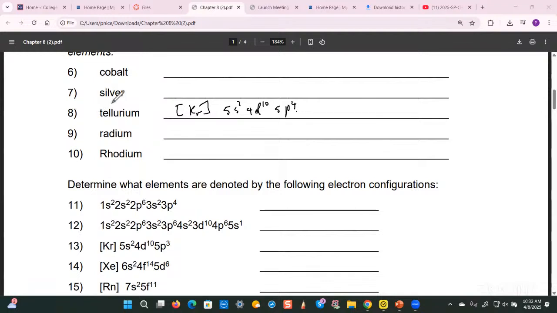Yes, it goes up to 86, right? So that means that in the case of radium, it would be Rn, and then 7s2. That's it. Xe is 54.